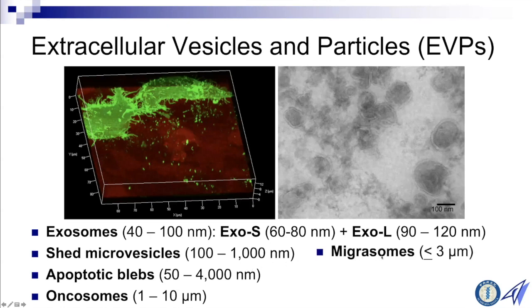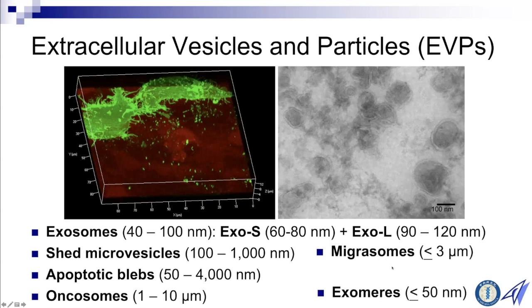There are also researchers from China who found pomegranate-like structures that release vesicles within, and they coined the term migrasome, and they implicated that they play a role in development.